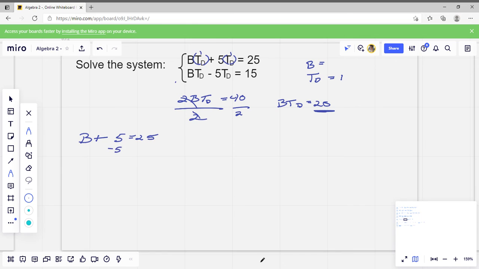If we subtract 5 on both sides, we get b equals 20. Super easy.